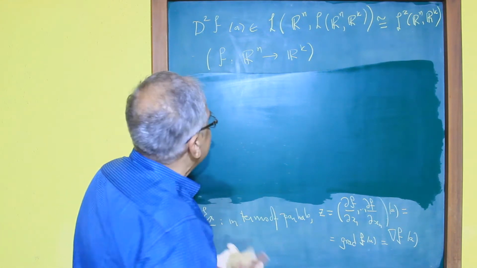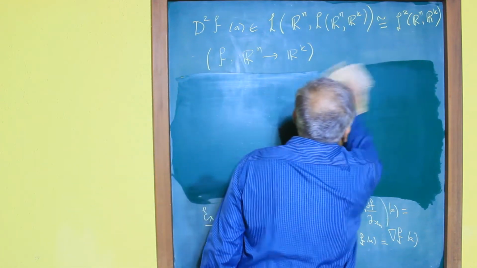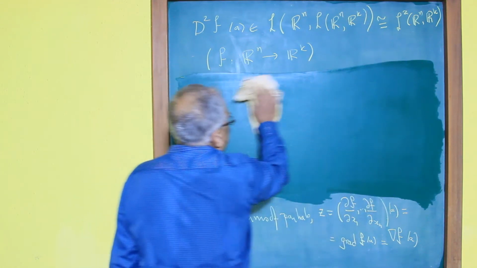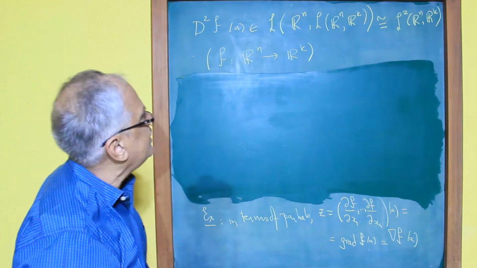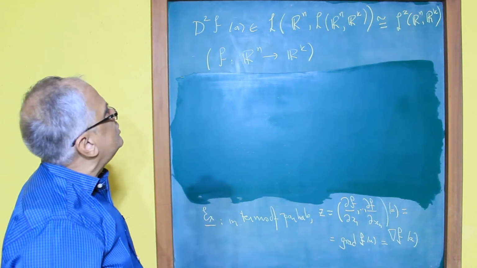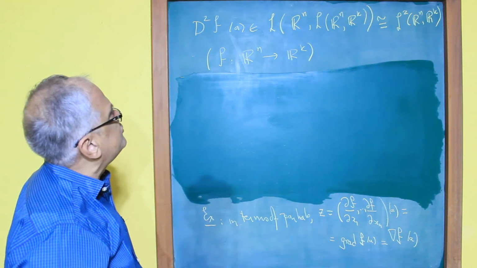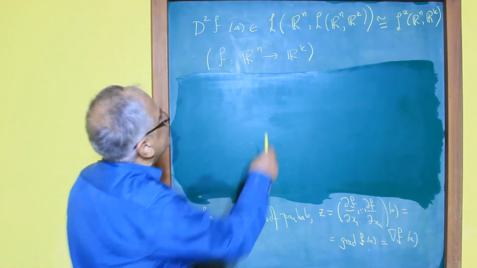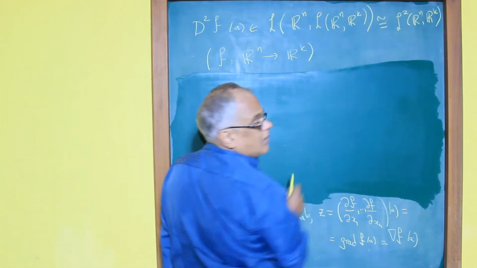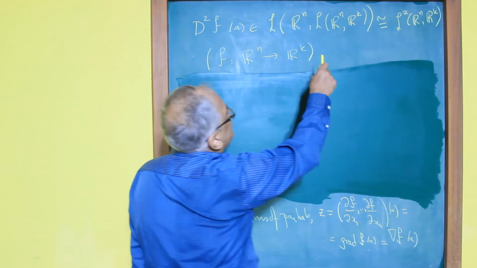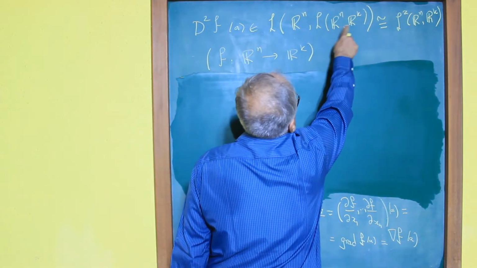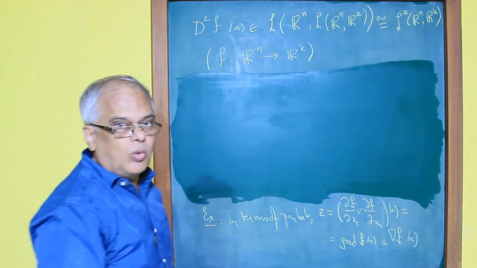Now, what happens in the case of the second derivative? Again, this is the case when k is equal to 1. Notice that the second derivative of f at A is in the space of linear maps from Rn to linear maps from Rn to Rk, and with k equal to 1, this is linear maps from Rn to R1.